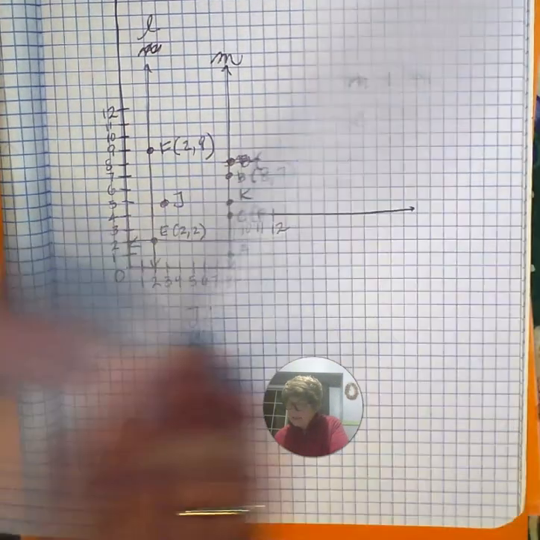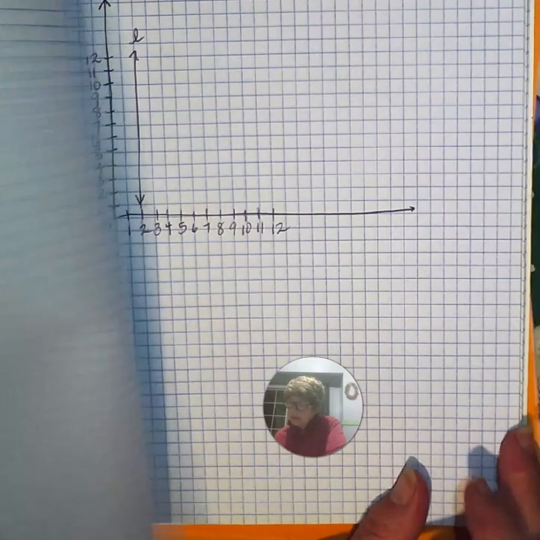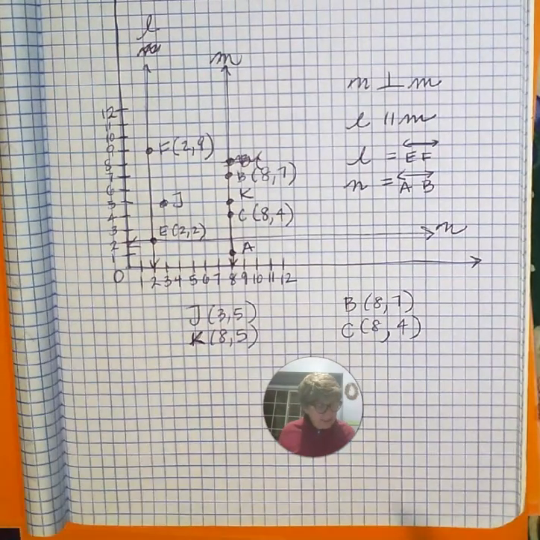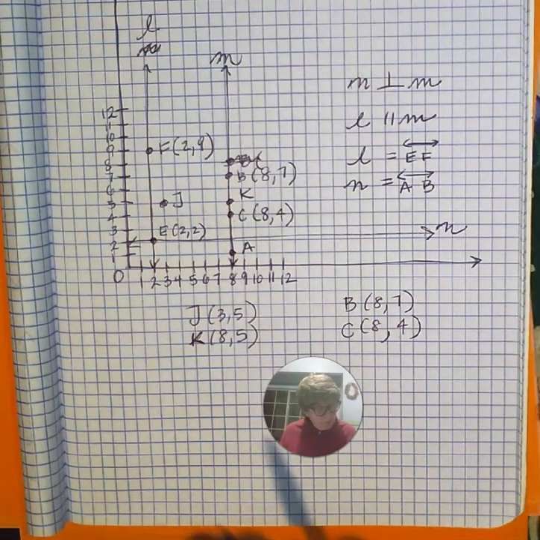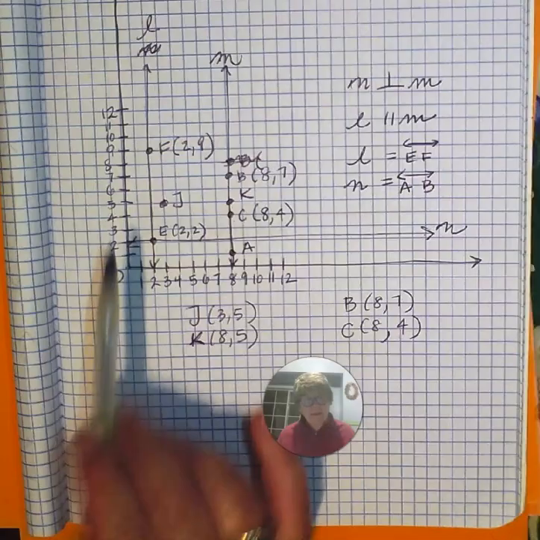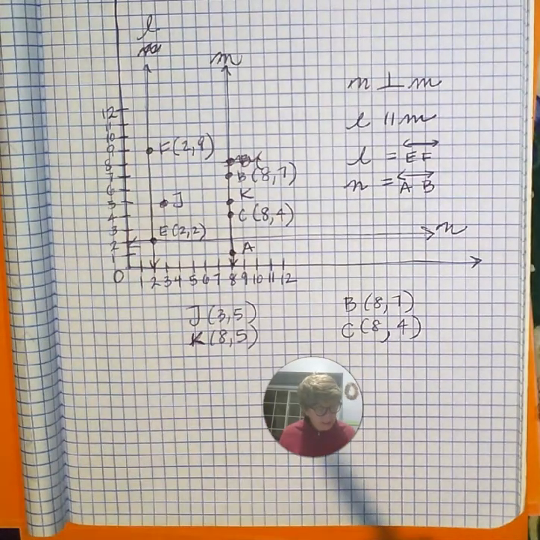Let's look at the same, looking at the L and the M. We can determine the distance between line L and the y-axis because line L is parallel to the y-axis, right? Okay. How do we determine the distance between line L and the y-axis?